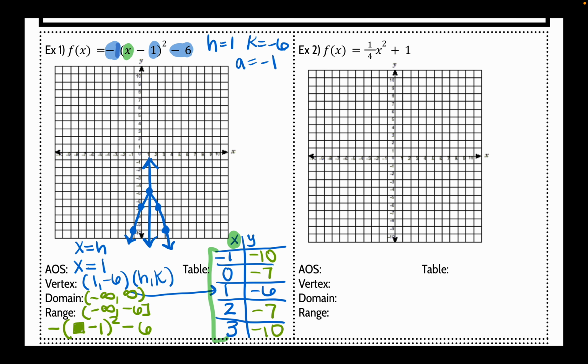Moving on to number 2. This one is a little bit tricky because we don't have it in vertex form, or so we think. This equation is the same as f of x equals 1/4 (x plus 0) squared plus 1.